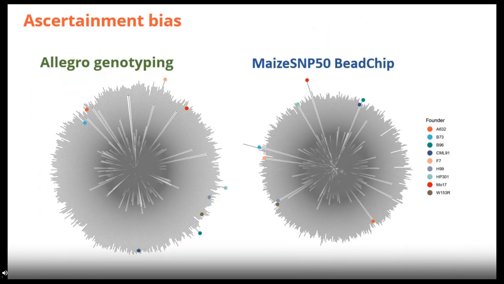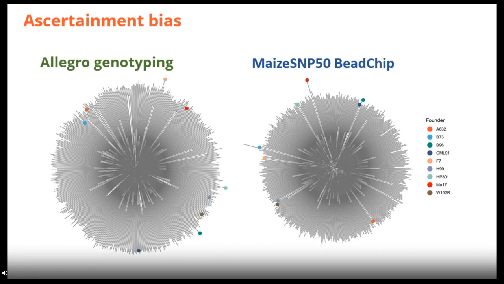Next, we wanted to look at the ability of our new set of 160,000 SNP markers to avoid any bias due to marker selection based on a small set of elite genotypes. Within our founder lines, there are also exotic materials. As you may see from the two neighbor joining trees, this one on the left is represented using our new set of SNP markers, and this one on the right was produced using our old set of markers.